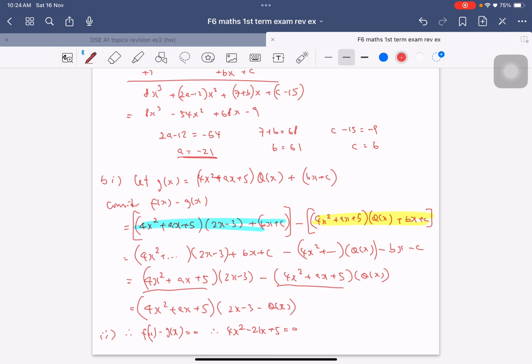Using the quadratic formula with 4, negative 21, and 5, x is equal to 5 or 0.25. But this is not an integer. So not all of the roots are integers, since one of them is not. Then we can say, I do not agree. I don't agree. Okay?